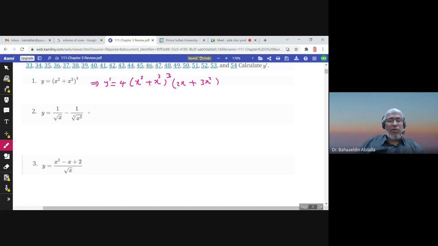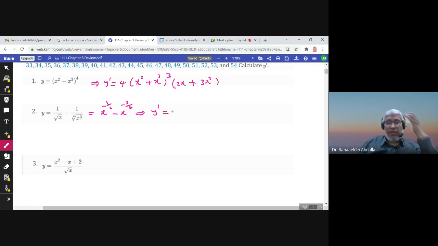Here I will first rewrite y. 1 over square root of x, I will write as x to the power negative half. And this is x to the power 3 over 5, and when I take it up, it would be x to the power negative 3 over 5. And now I can find y prime.